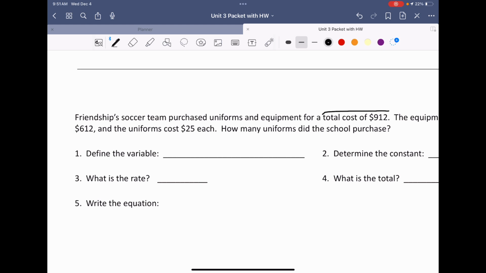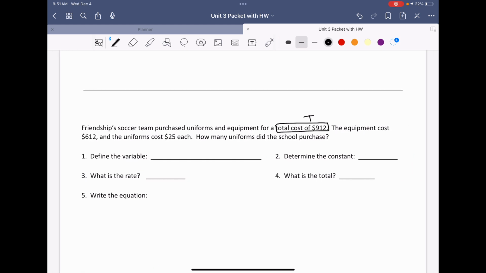All right, we have a total cost of $912. The equipment is $612, and it's $25 for each uniform. So let X equal number of uniforms, because that's what they asked. How many uniforms?